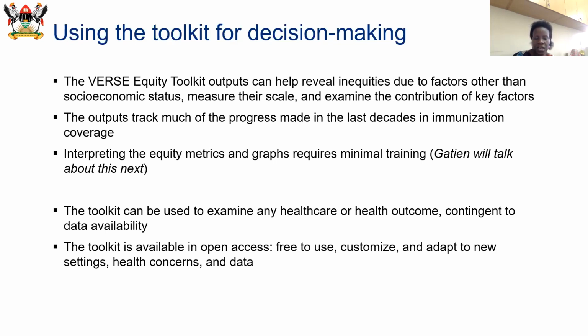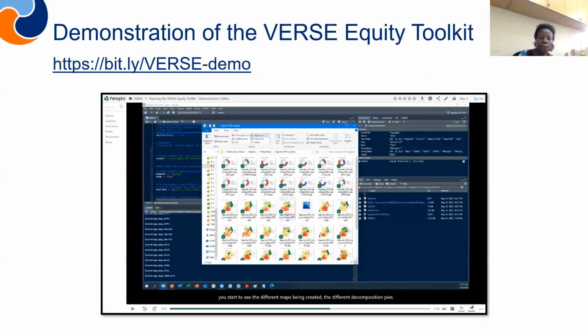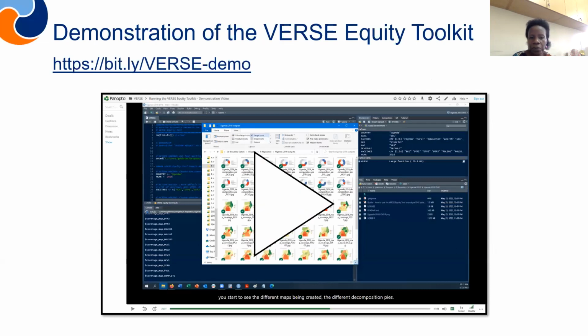The fact that it can also be adapted to new settings, the fact that you can use it for different conditions also makes this a tool that you can use across a wider set of programs. So those are the reflections that were coming out from Uganda, and I'll hand over now to Gatien.